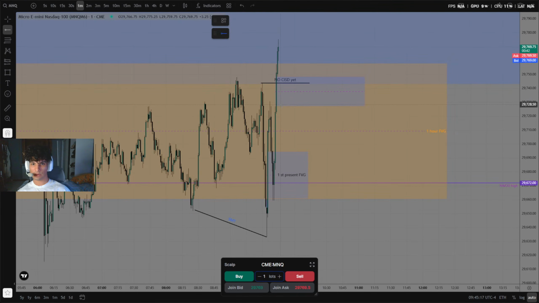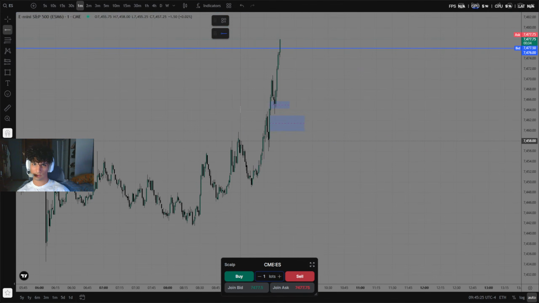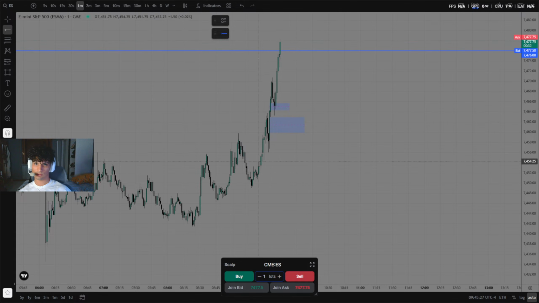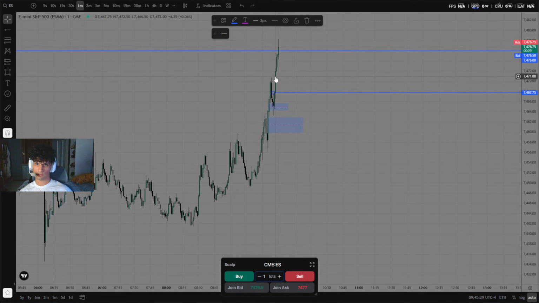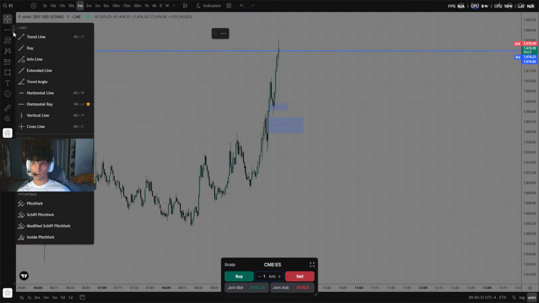Is this the breakaway gap? This one is 100% a breakaway gap. This one, I think the Nasdaq should go back to it. We have order block.